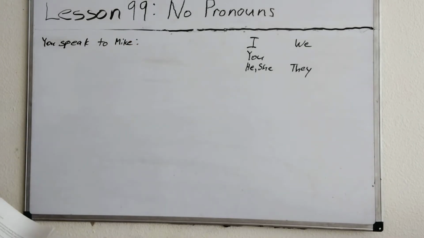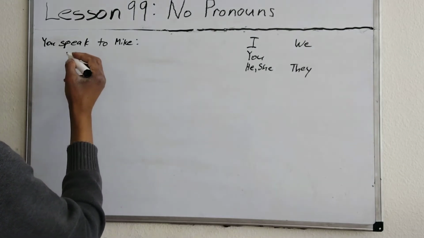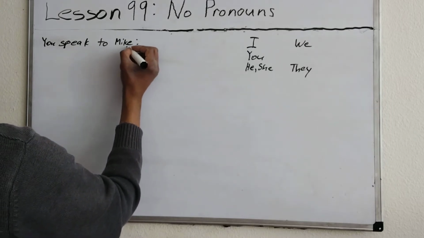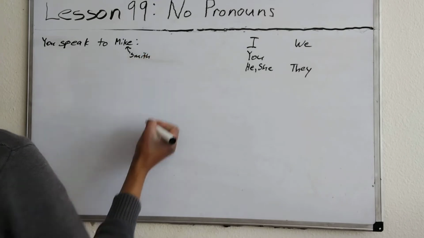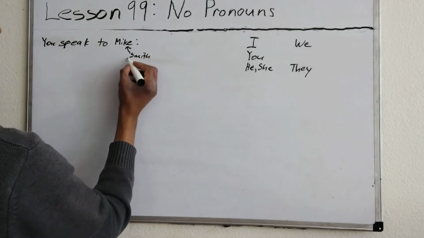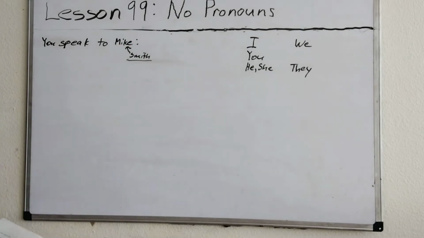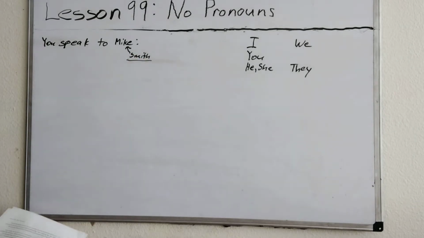First thing we should review is how Japanese people address people. Mike is Mike, but his family name is Smith. So in Japan, they use the family name more than they use the personal name. So, speaking to Mike, you would actually speak about Smith.